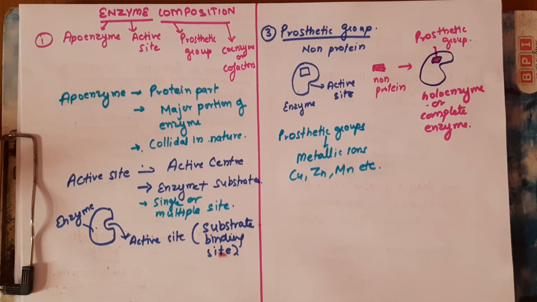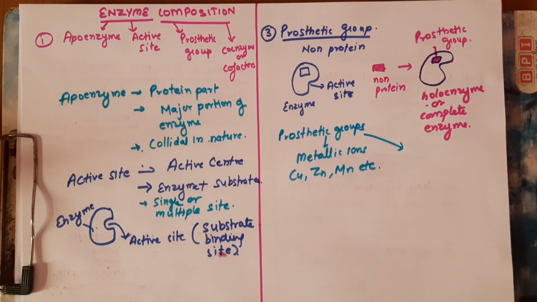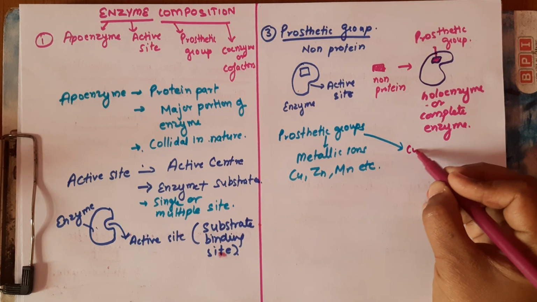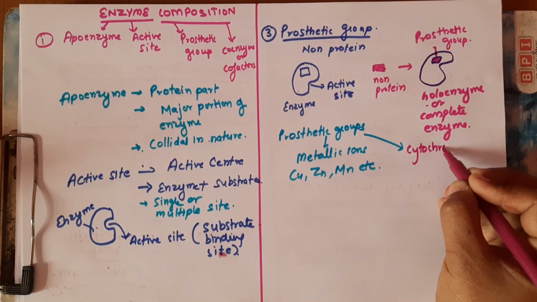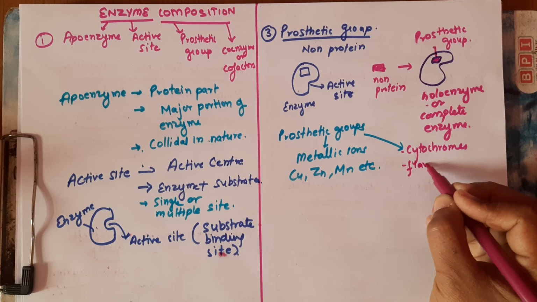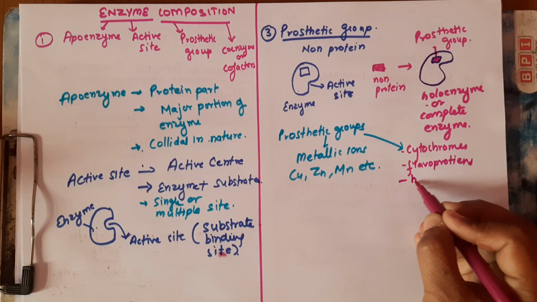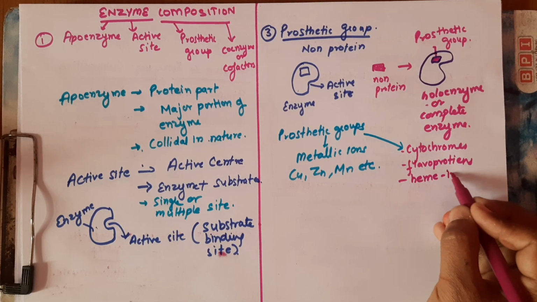And in addition to these metallic ions, there are certain other categories of prosthetic groups also. These include cytochromes, flavoproteins, heme iron, etc. There are several.